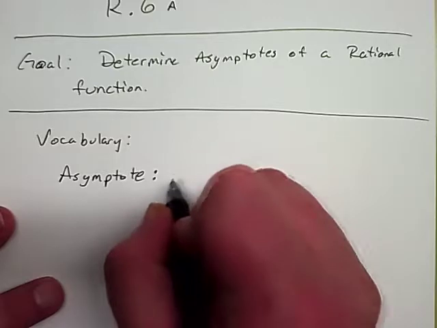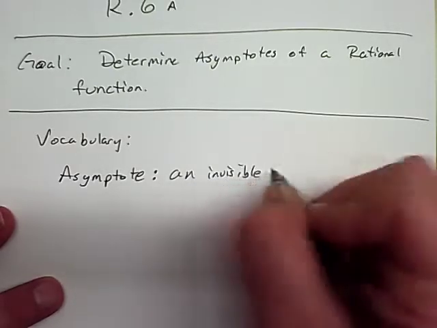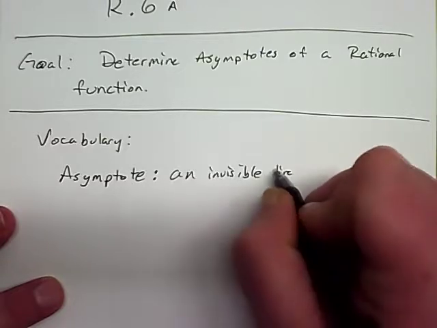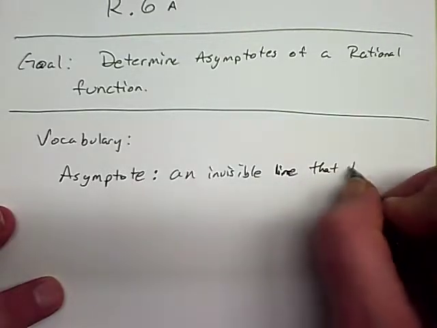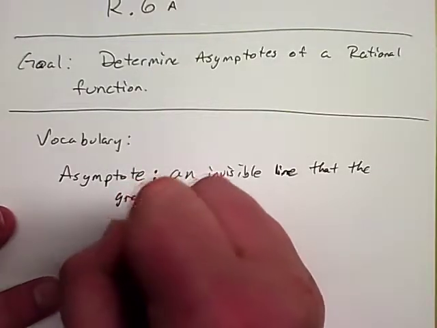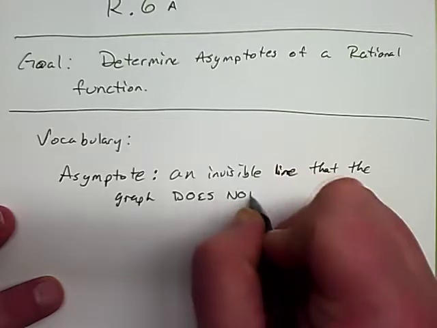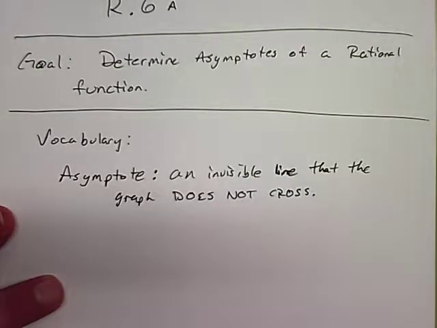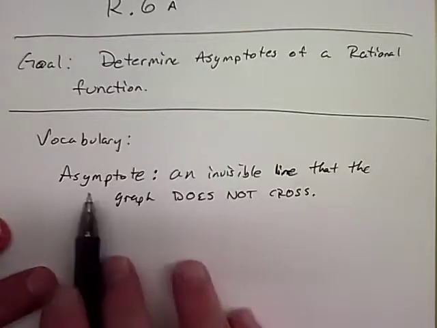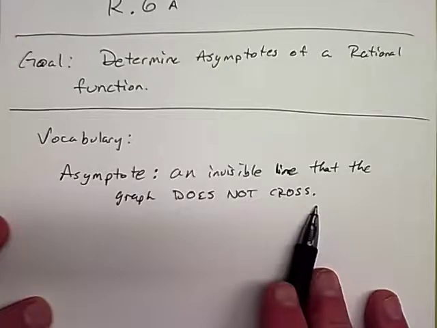This is an invisible line that the graph does not cross. All right, an asymptote, it's an invisible line that the graph does not cross.